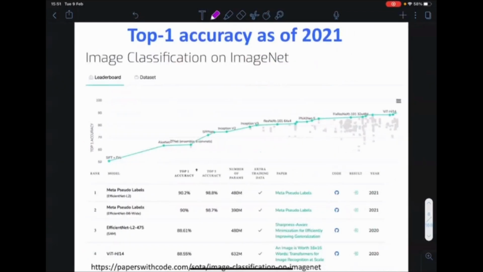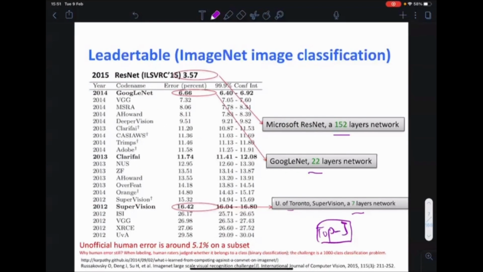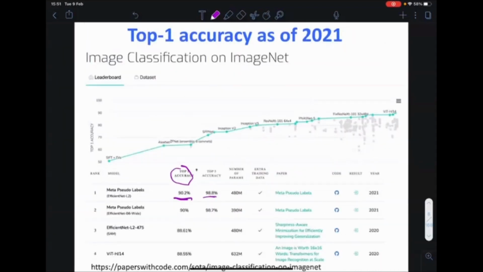So that is the evaluation. But here, you can think that top 1 accuracy is already 90%, and top 5 is already about 98%. It was much lower than that before. This is the state of the art, and obviously there are various techniques, but the underlying one is neural nets.